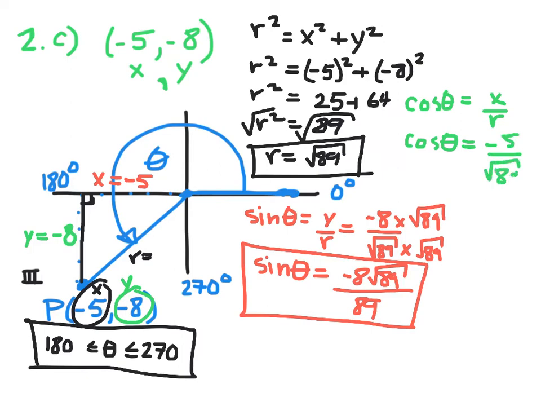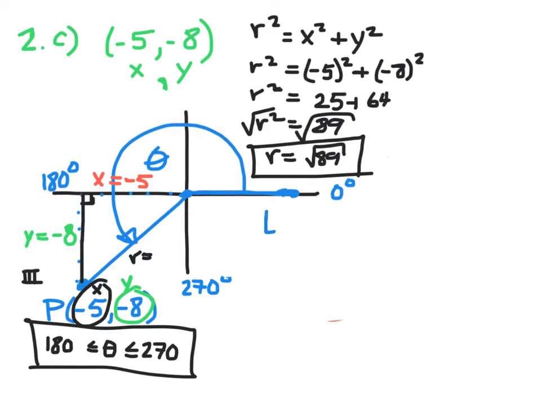Now I'm going to allow you to write this correctly because this is not correct. You have to rationalize the denominator, so do what I did there and multiply both top and bottom by √89. And you should get -5 √89 over 89. So that would be your cos theta. And then of course your tan theta.